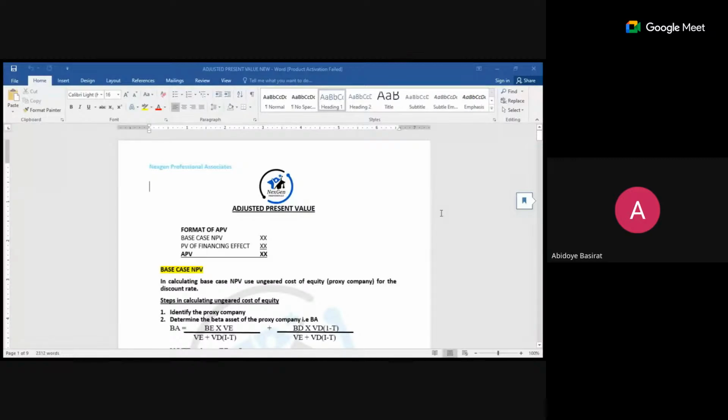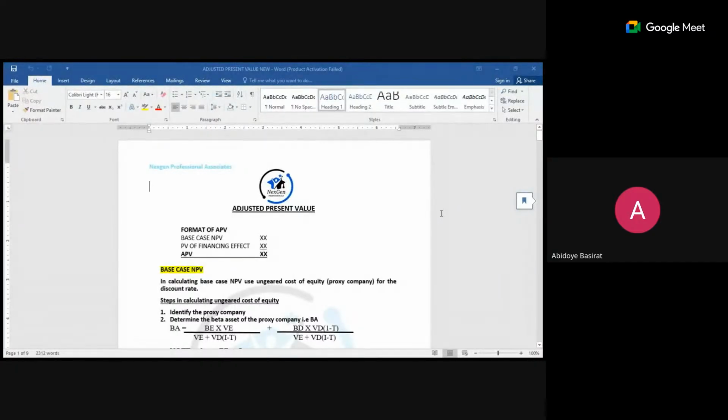After that, we look to the PV of financing effect. Once we are done with the base case NPV and the PV of financing effect, we get our adjusted present value. The PV of financing effect also has various steps that we consider: the one of subsidized loan, the one of commercial loan.